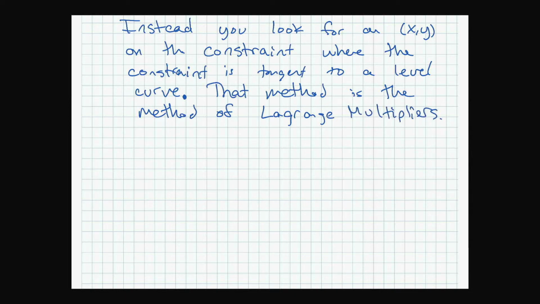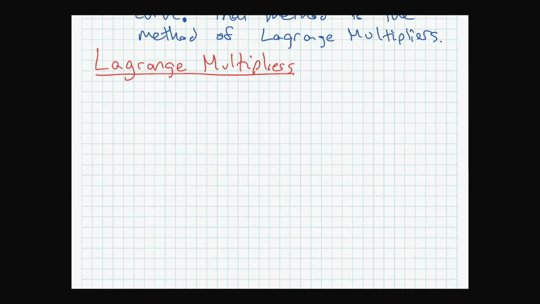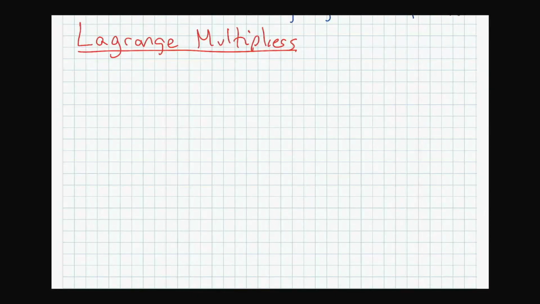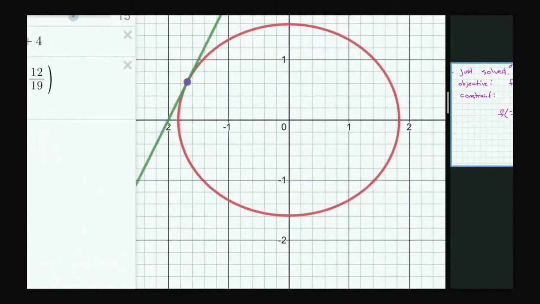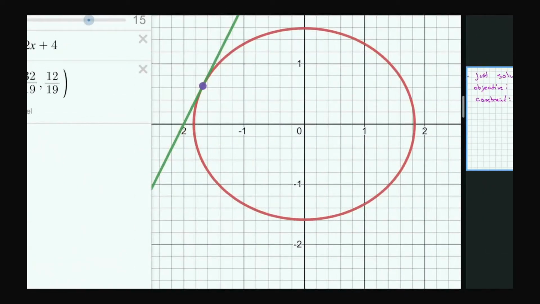Okay, so that's our introduction. Now we can actually start talking about Lagrange multipliers. I'm just going to give you the method now because we know the idea. The idea is somehow we're looking for where this happens. So we're skipping critical points and stuff like that.